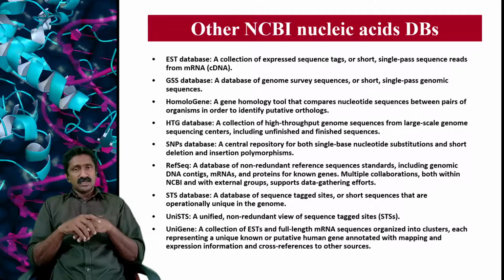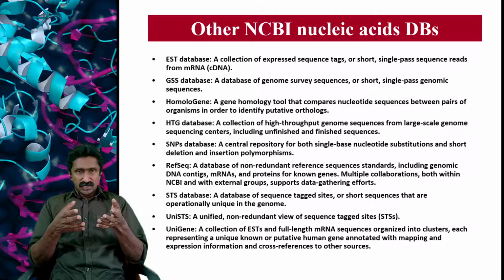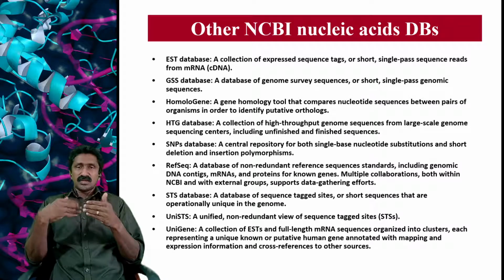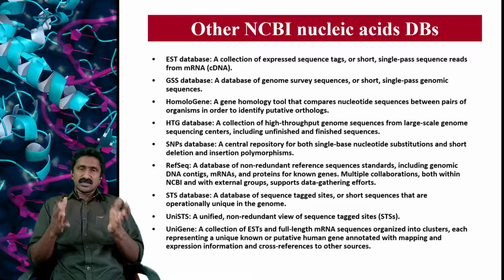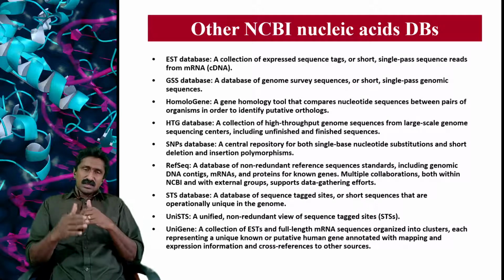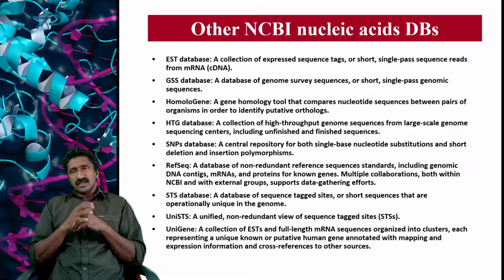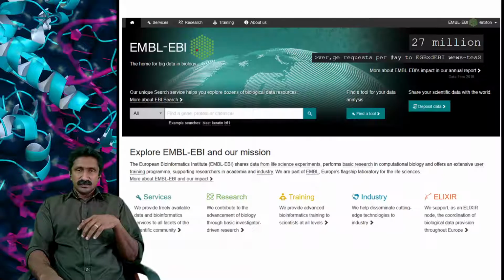It actually contains reference sequences, because the same insulin gene can be submitted by thousands of people, so there should be a reference sequence to verify which sequence is actually mutated and in which direction. Such a reference sequence database is also present in NCBI. Then UniGene. So these are all different specialized databases provided in NCBI, other than GenBank and PubMed.